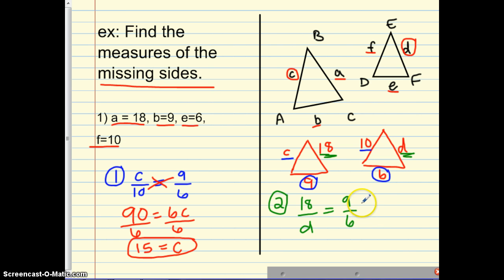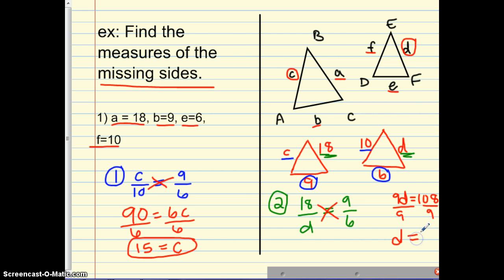You can cross multiply these, that is just fine, and that would give 108 equal to 9D. I'll solve it down for you. Divide by 9, divide by 9.